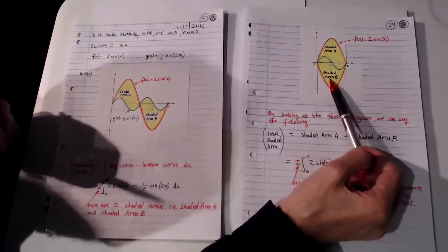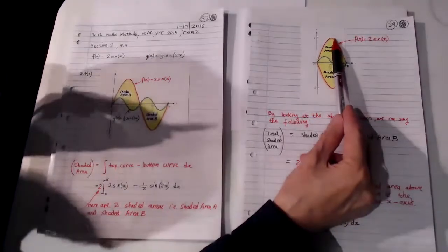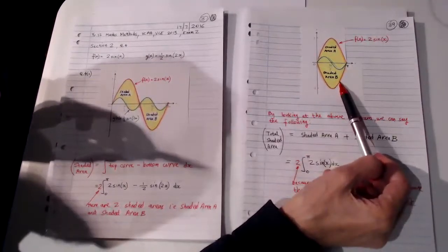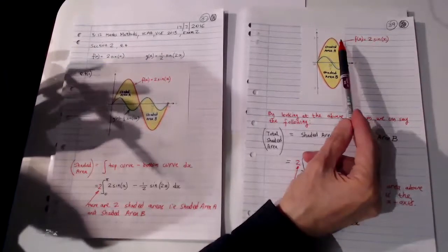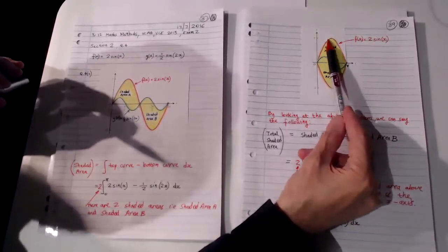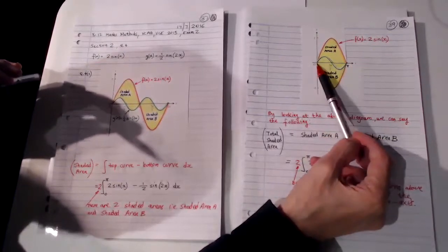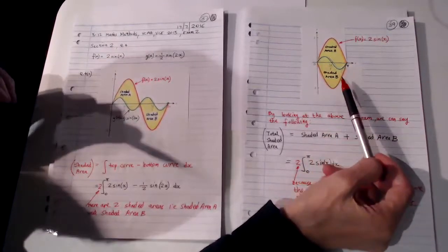To find this total yellow area, we have to realize that it is equal to 2 times the yellow area that exists between the red curve and the x-axis.